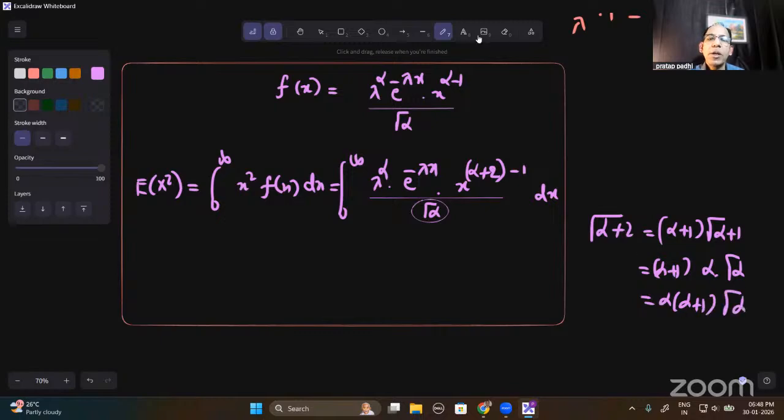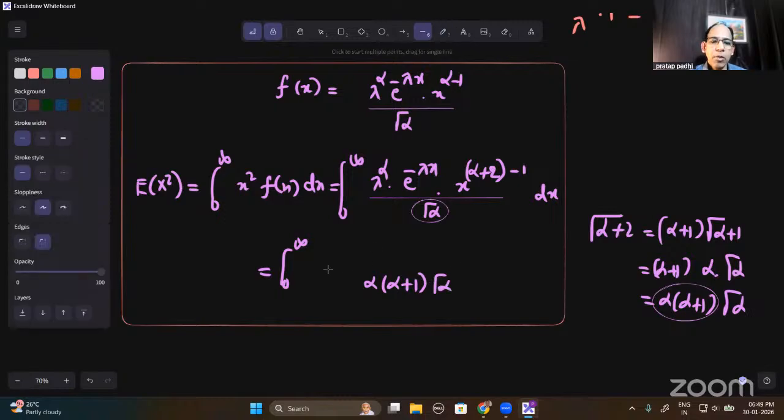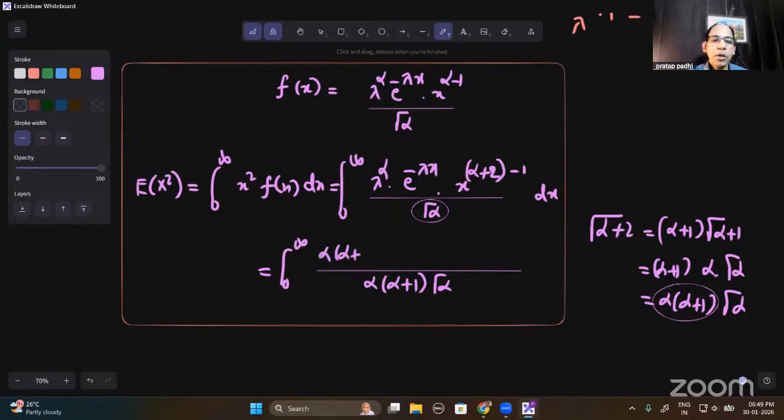So I need to multiply with alpha(alpha+1). So I'll write the integral from 0 to infinity, then here I multiply alpha(alpha+1) to gamma(alpha), and here also I will multiply alpha(alpha+1). So this part is over now. I got this denominator, and the numerator I have x^(alpha+2-1) dx.